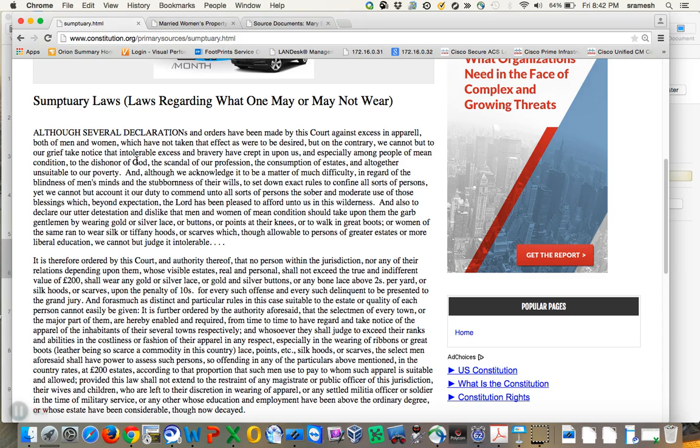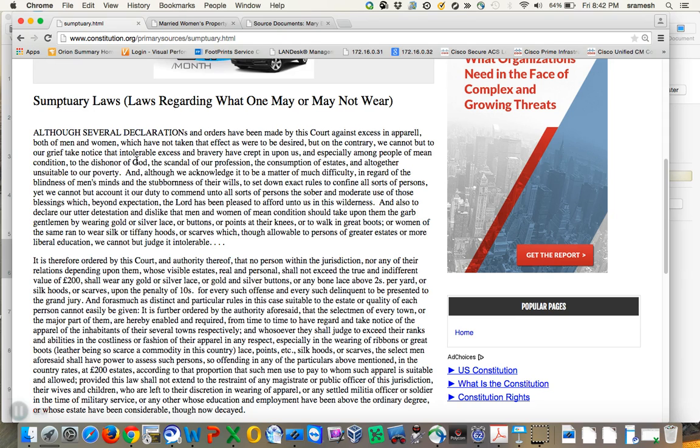In our third primary source, we looked at the Laws of Sumptuary of 1651, which place restrictions on what can and cannot be worn in public. Items such as jewelry, scarves, and boots were seen as excess in apparel for both men and women.